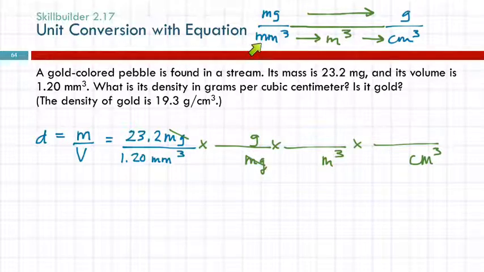In the denominator, cubic millimeters to, skip that, cubic meters to cubic centimeters. If I want to cancel cubic millimeters, because it's in the denominator, I need to put it on the top. This is ending up upside down because we're dealing with the denominator. So cubic millimeters then would cancel out. And now I need to get rid of this, so I'm going to multiply by that.